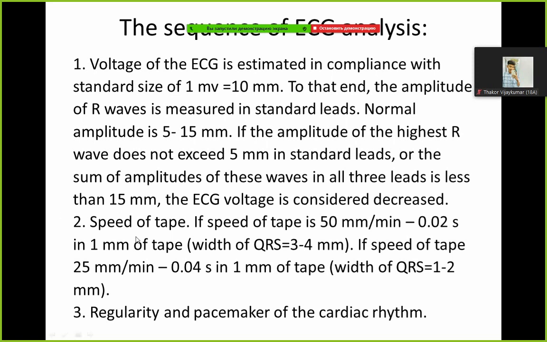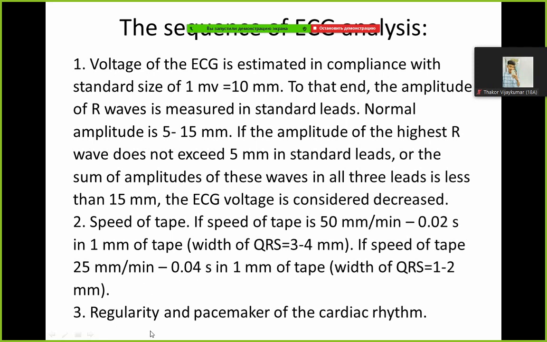There are two speeds of the tape recording of ECG, 50 millimeters per second and 25 millimeters per second. If the speed of the tape is 50, one small box, 1 millimeter, is equal to 0.02 seconds. If the speed is 25, one box, 1 millimeter of the tape, is equal to 0.04 seconds.